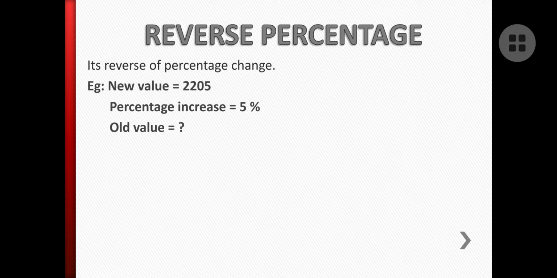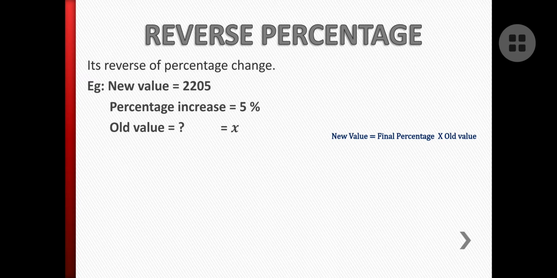So what is the formula which we have? New value is equal to final percentage into old value. Here I am assuming the unknown value, the old value, as a variable x. How can you find the old value from the formula?